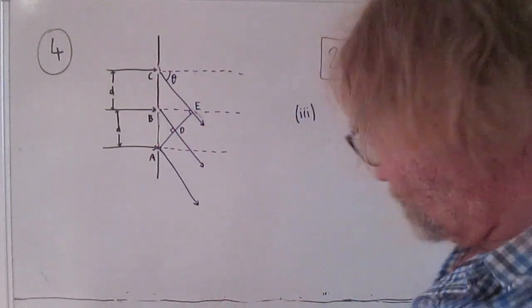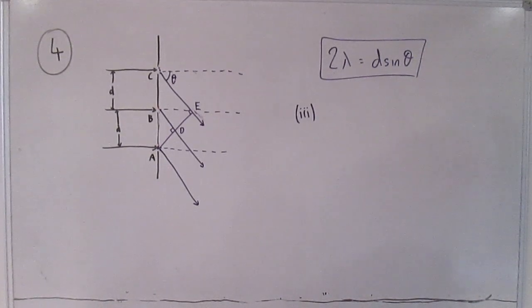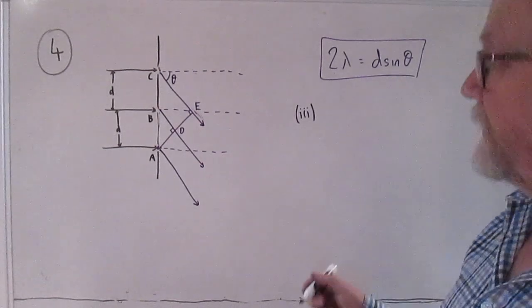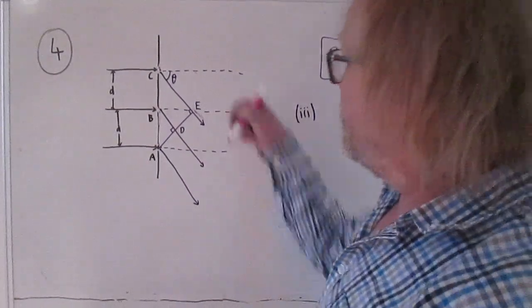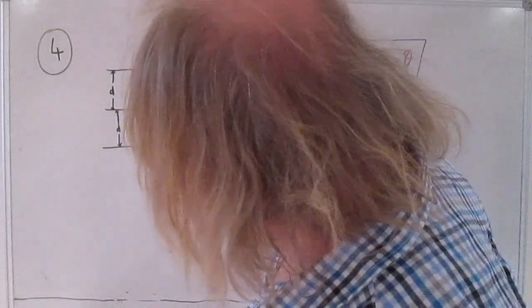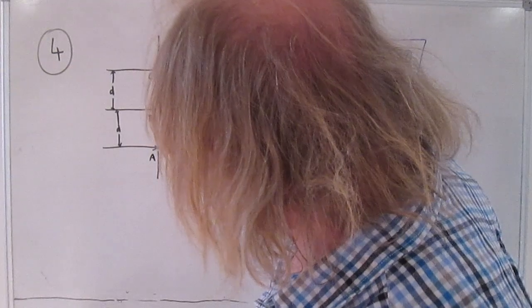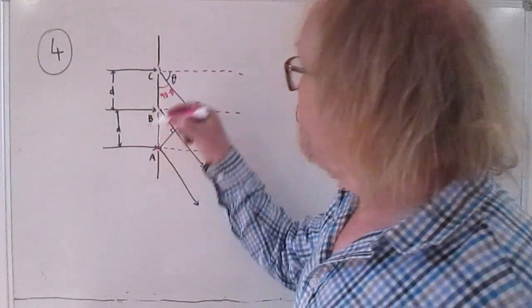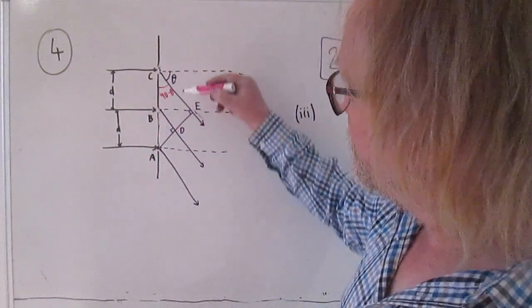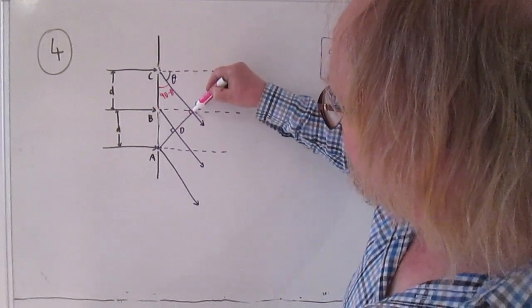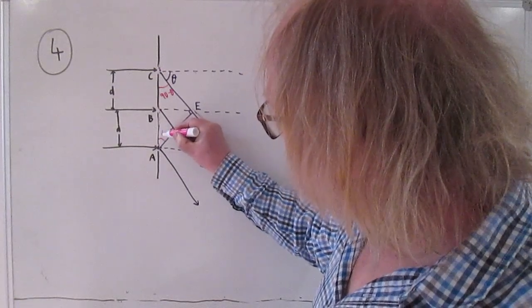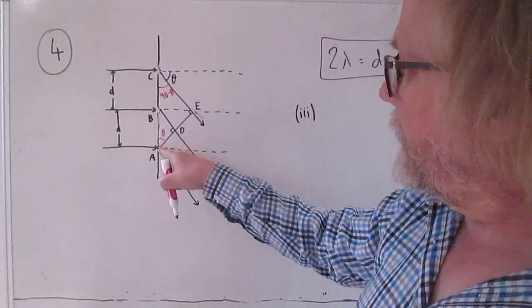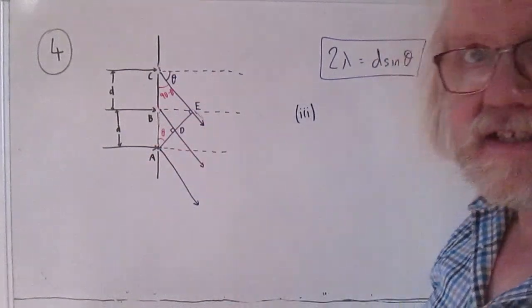So we've just got to work out what's going on with the angles in this triangle, but hopefully you can see fairly confidently that if this is theta, this is 90 minus theta, okay, because that's a right angle there, and if this is 90 and this is 90 minus theta, then in order for the angles to add up to 180 altogether, that angle CAE is equal to theta.